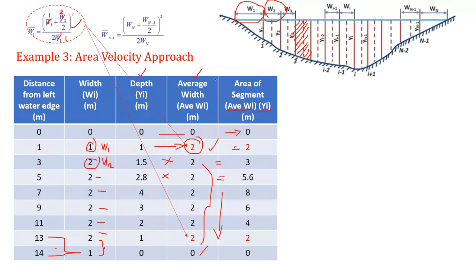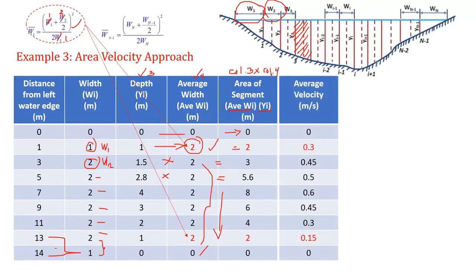Okay, so this one is just column 3 times column 4. So, ano lang to, no? Column 3, multiply mo siya sa column 4. Next is yung average velocity. So, yung average velocity, this was given in the previous slide.